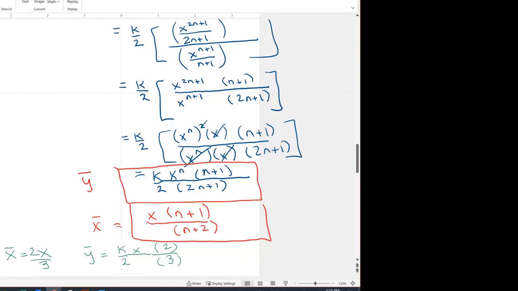So it's just x. Okay, the 2's cancel. I get kx over 3. We now found x bar and y bar.